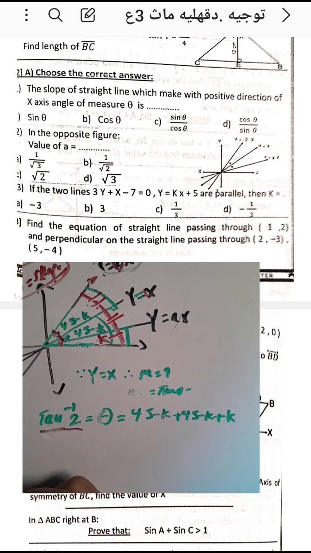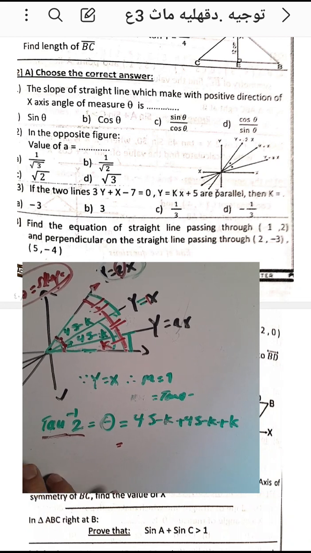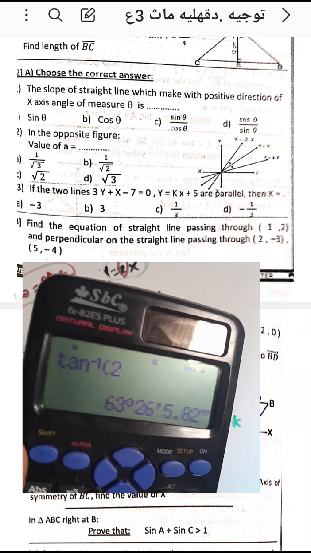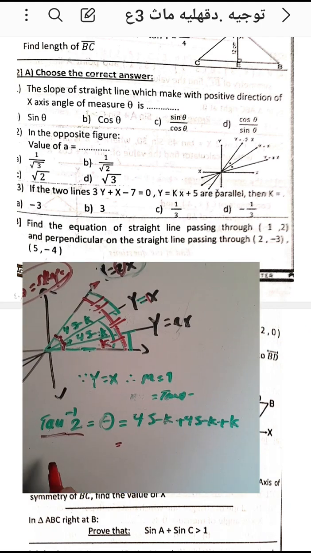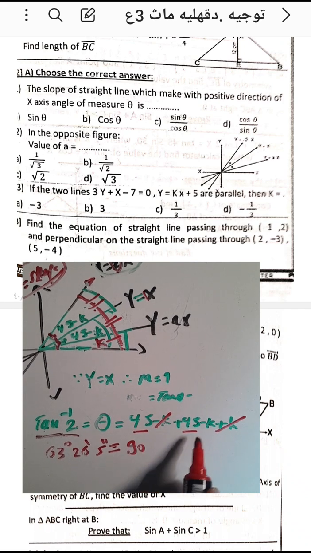Then shift tan 2, we can write in the calculator, it will be 63 degree, 26 minutes, 5 seconds, equals 45 plus 45 minus k. We can cancel, and 45 plus 45 will be 90, subtract k.